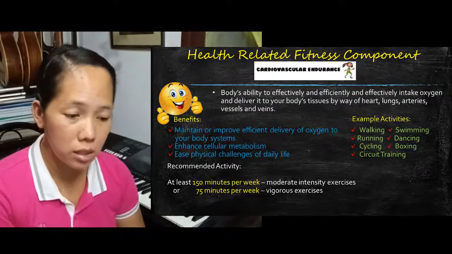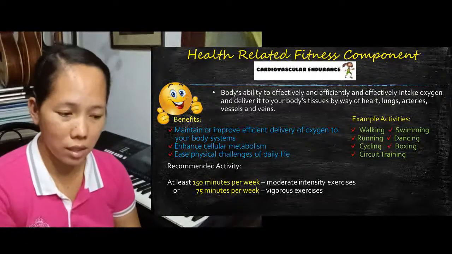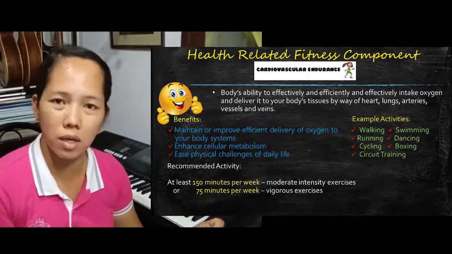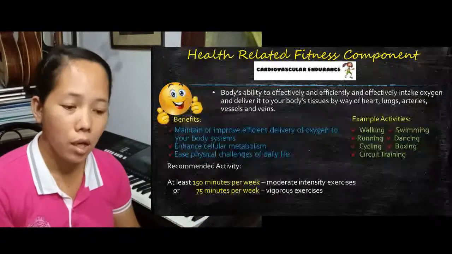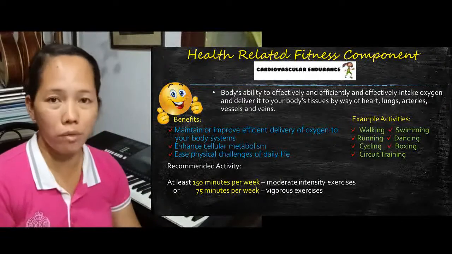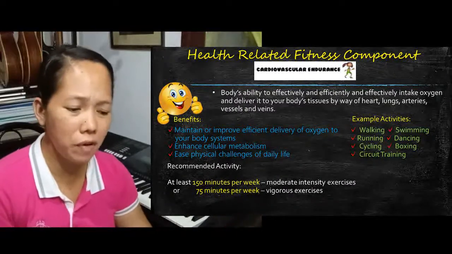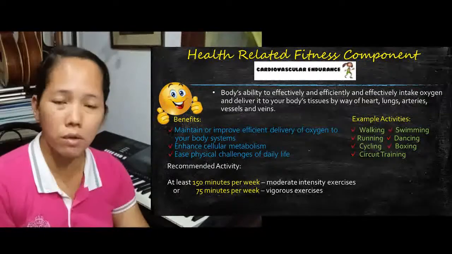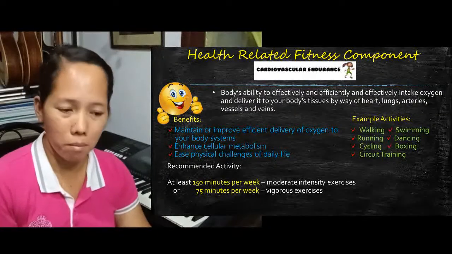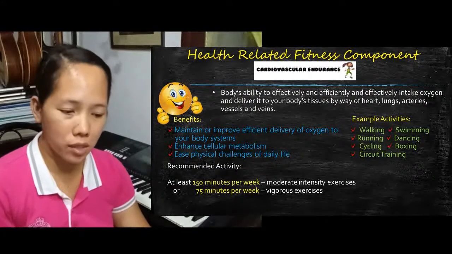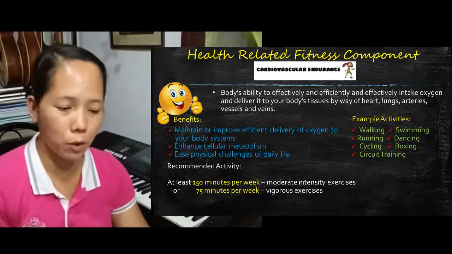The recommended cardio activity, if your cardio activity is moderate intensity exercises, so moderate lang siya, you must at least have 150 minutes per week. But if your cardio exercises is vigorous exercises, so mas intense nga exercises, 75 minutes per week lang daw.